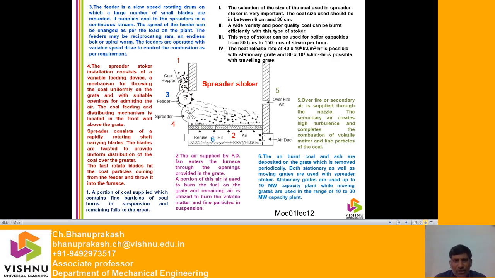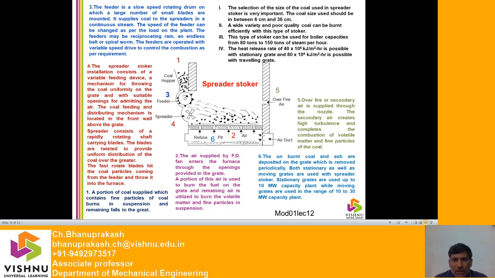Exclusively, this type of spreader stoker is suitable only for coal sizes between 6 centimeter and 36 centimeter, not more than that. That may be one disadvantage. A wide variety of poor quality coal, like lignite, can be burned efficiently with this type of stoker.